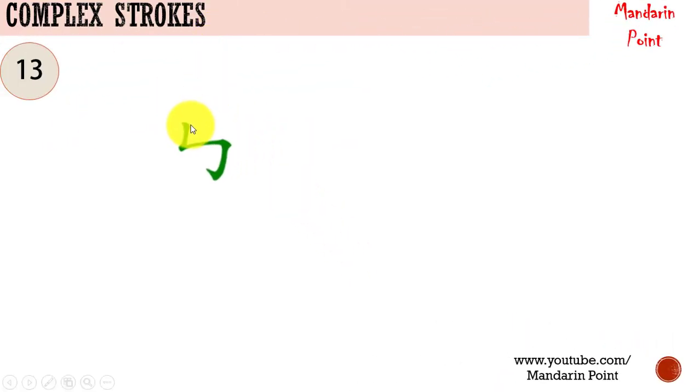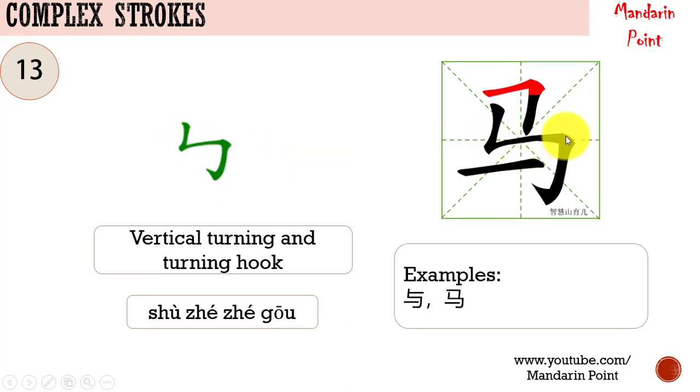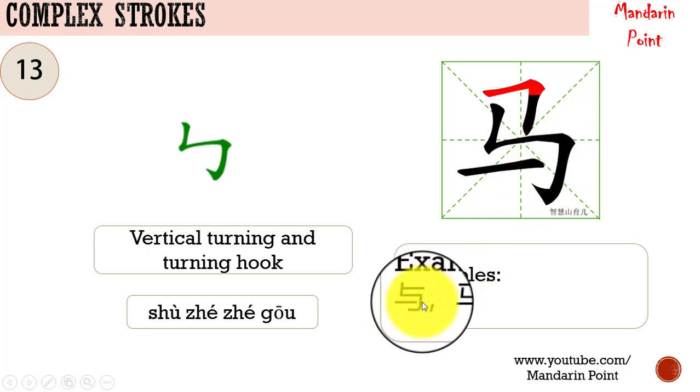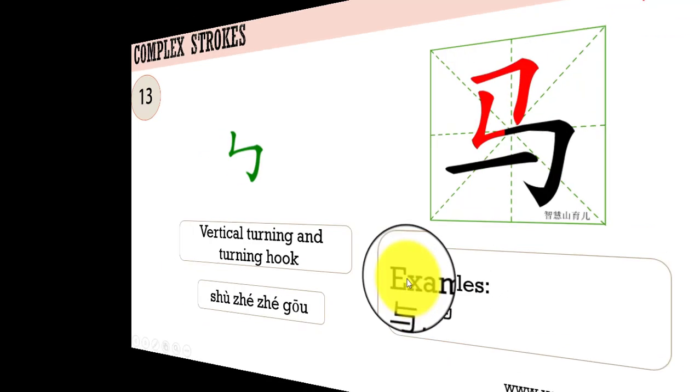And here comes the last one: vertical stroke, sharp turn, and a hook at the end. So it is shu zhi zhi guo.